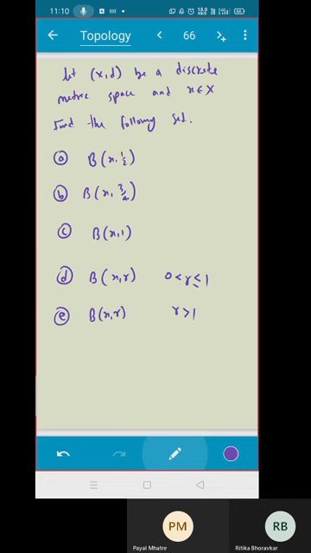Correct. Now I am giving you two minutes. Just write the set {a, b, c, d, e}. Try to do only three first, a, b, and c, and let me know if you are done. Everybody, you know the definition, and you are also given that this is a discrete metric.